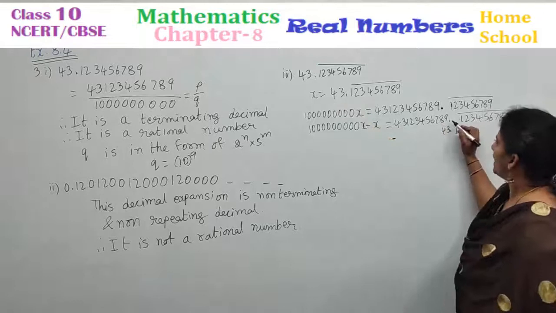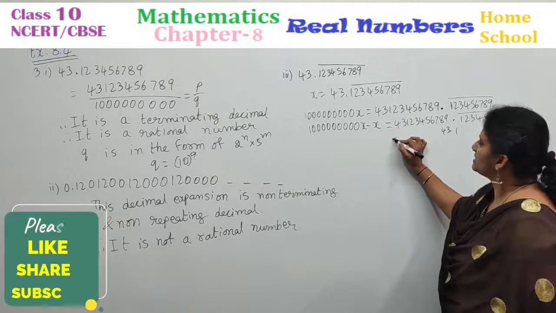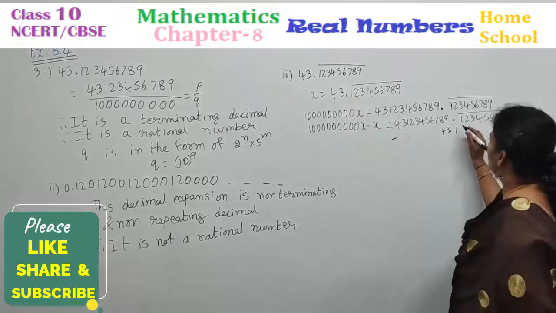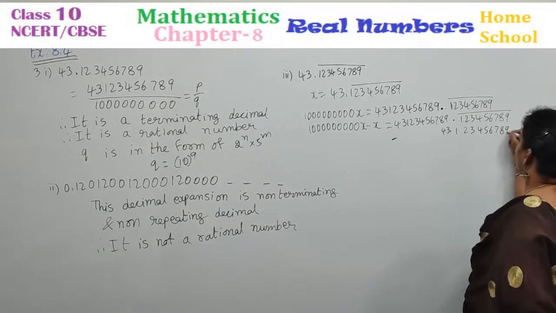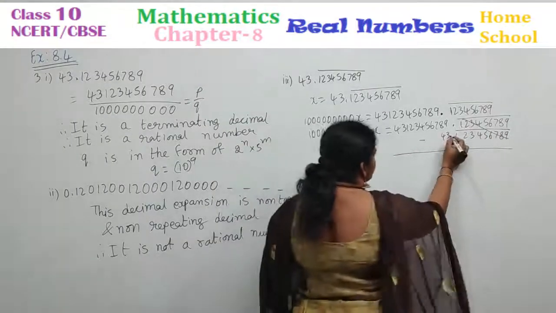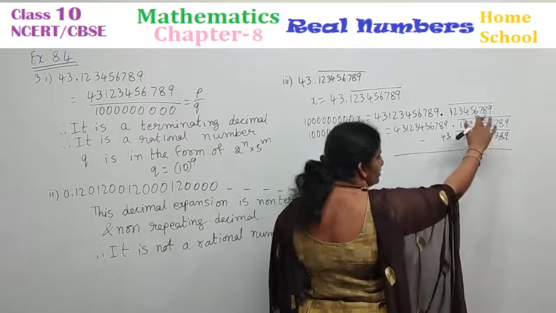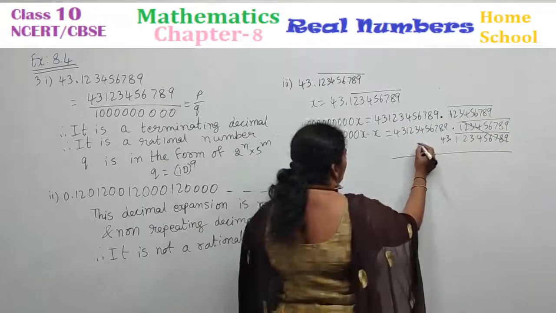So when you are subtracting, what happens here? You rewrite this X value here, 43.123456789 bar. When we are subtracting, what happens after this decimal point? Both are the same. So this becomes 0, children. So these two you subtract now.